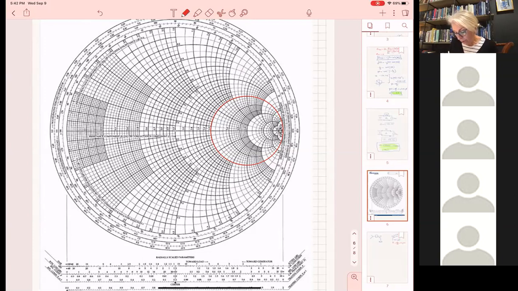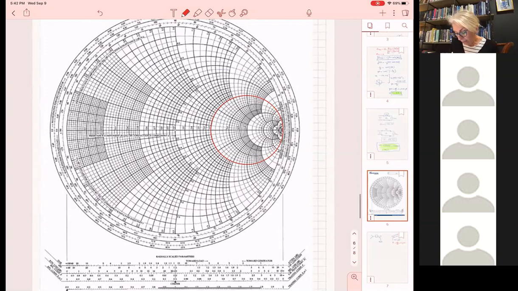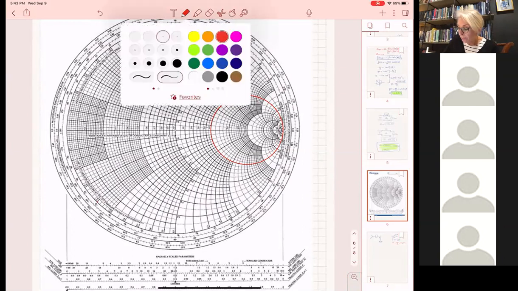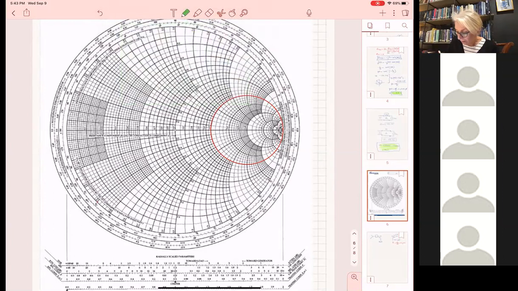Where is 0.4? 0.4 is here, and it's negative, so we go to the lower part of the Smith chart. So the reactive part, I'll use a different circle, green, is going to be this one.